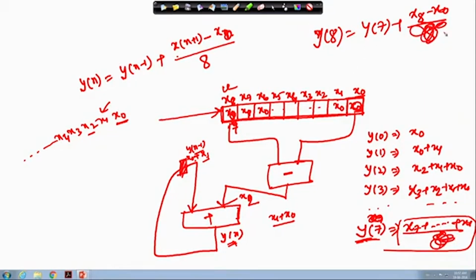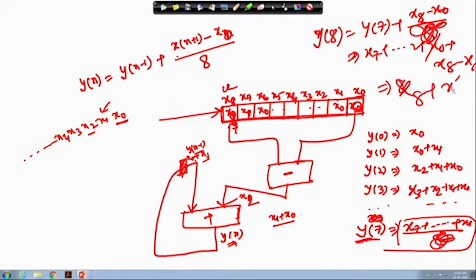So, x 8 minus x 0, this is x 7 plus ... plus x 0 plus x 8 minus x 0. So, x 0 will cancel. So, it will be x 8 plus x 7 up to x 1.